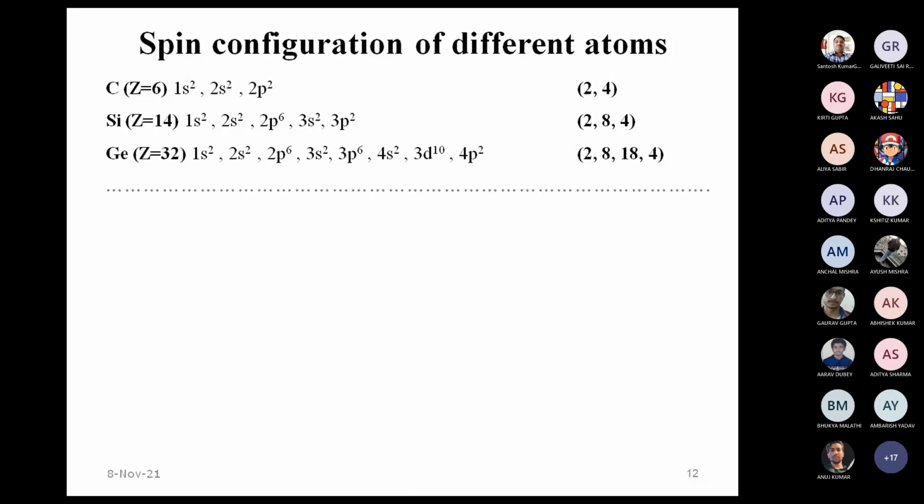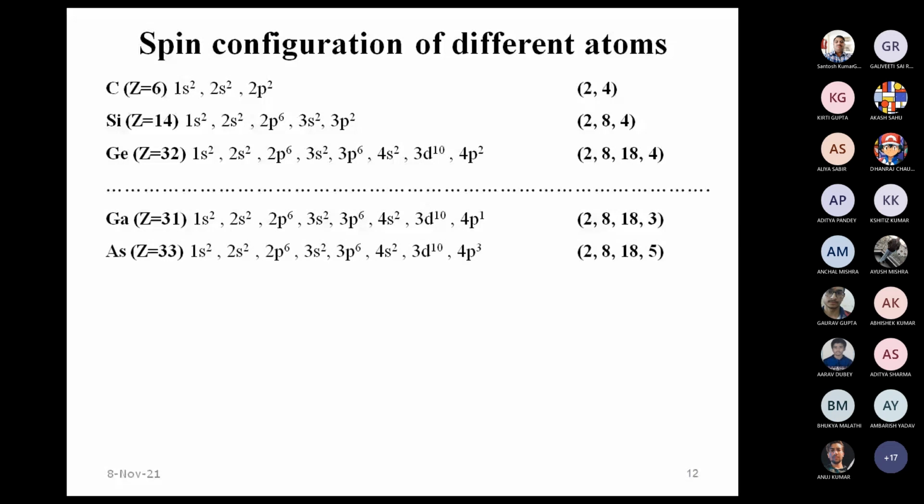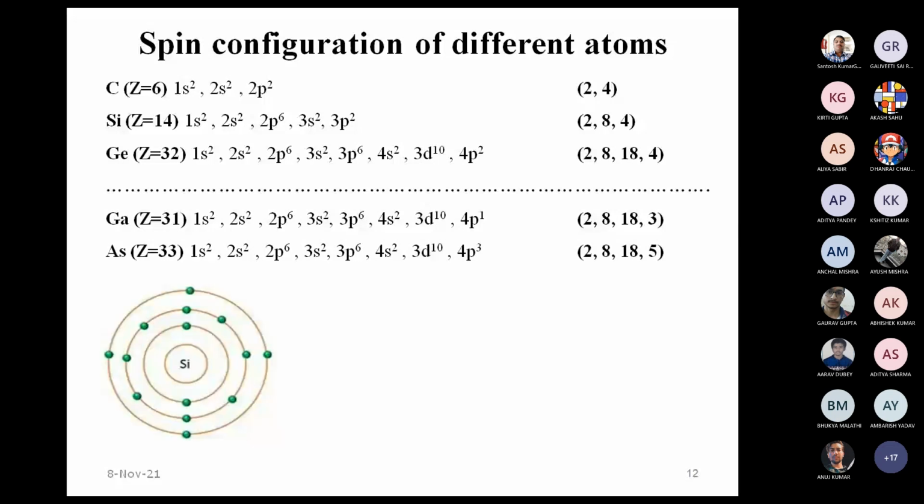Different fourth group elements can be seen to have these electronic configurations: carbon, silicon, and germanium.